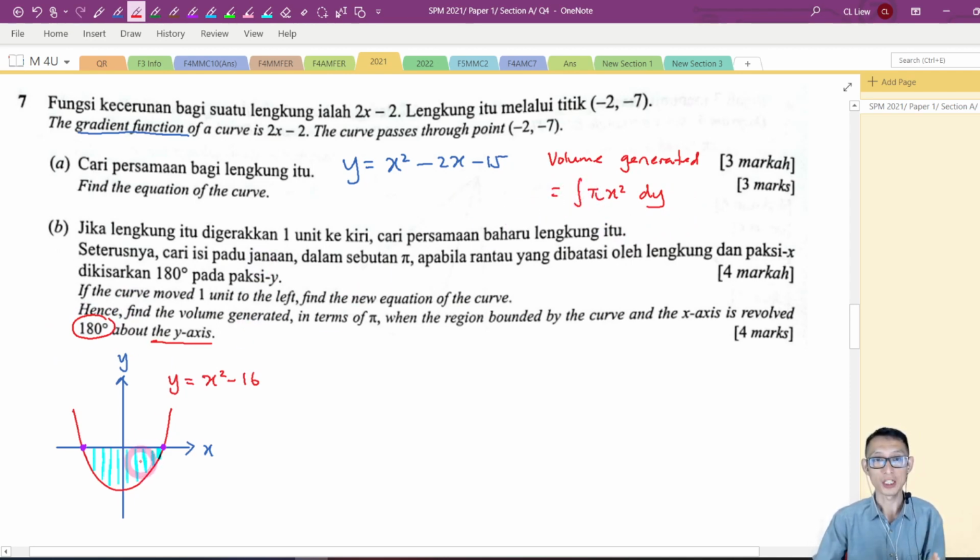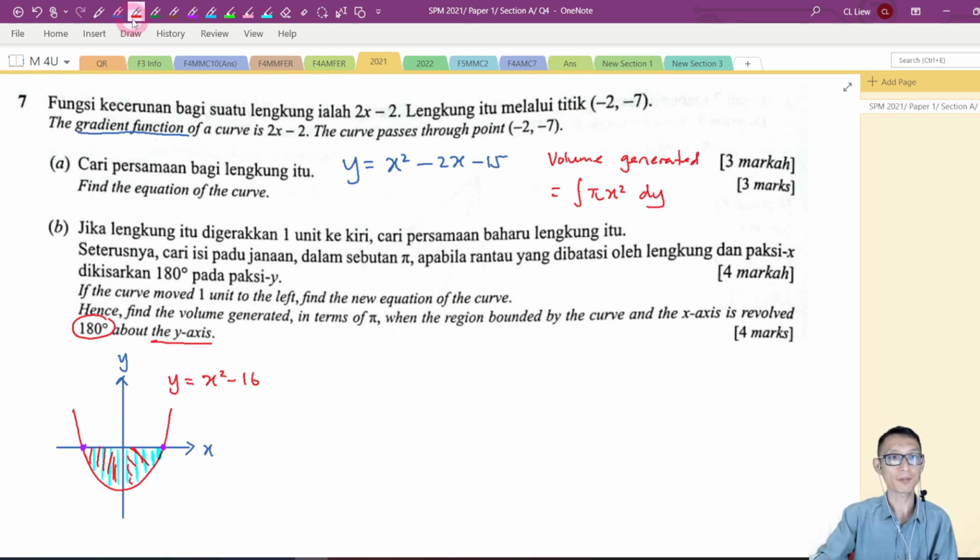For this situation, you actually don't have to multiply by 1/2 because we have two parts here. You have left hand side and right hand side. If this rotates 180 degrees, and this rotates 180 degrees, you actually form a complete solid. So you don't have to times 1/2. So be careful here. And second thing, we want x squared, right?